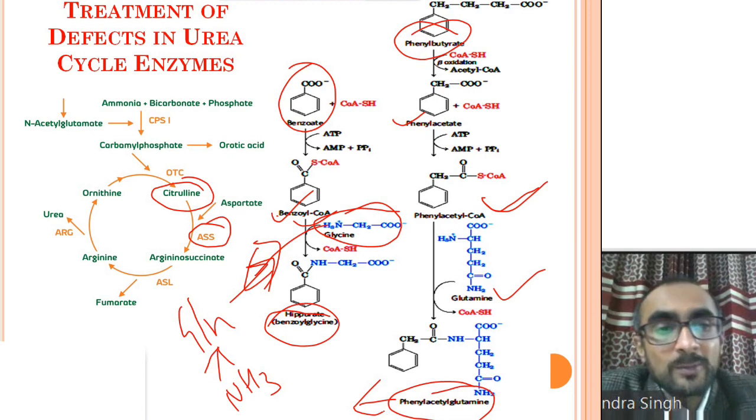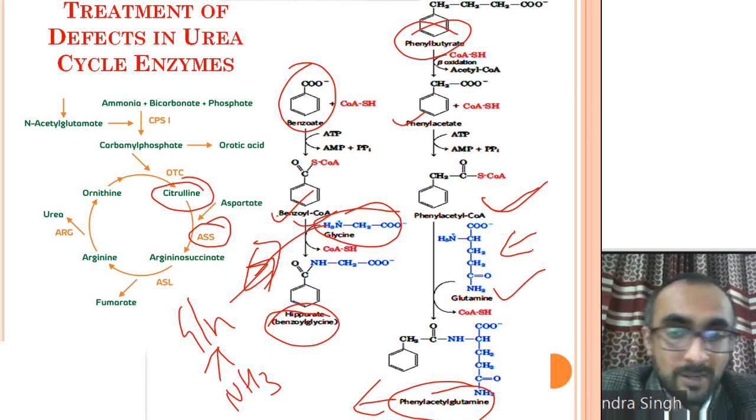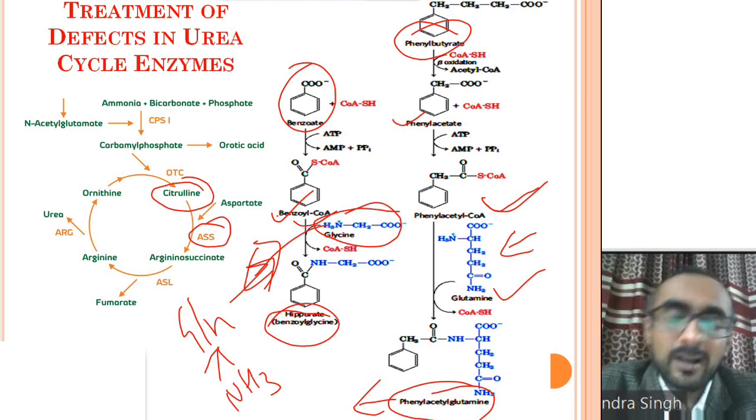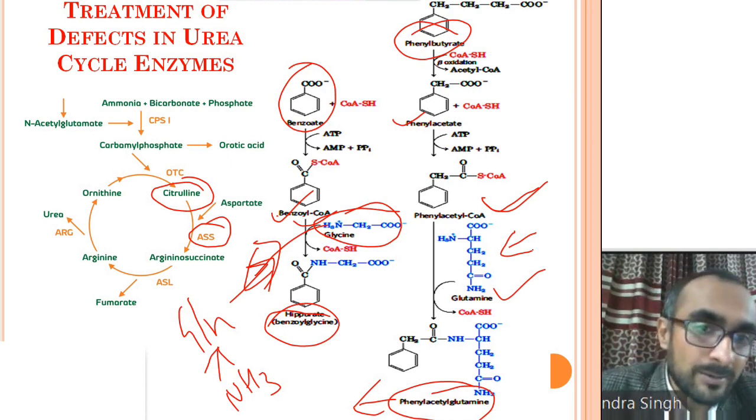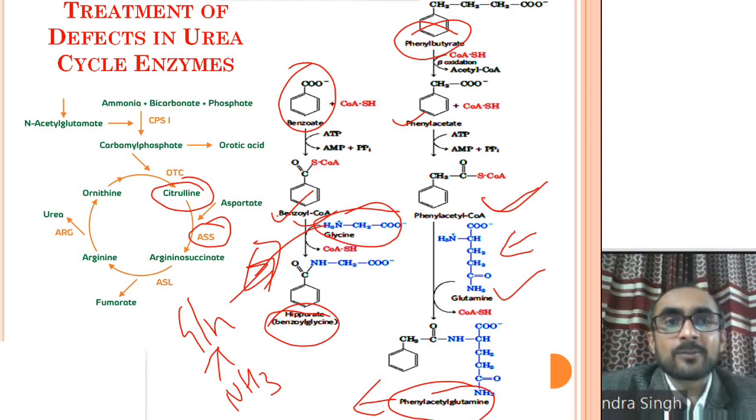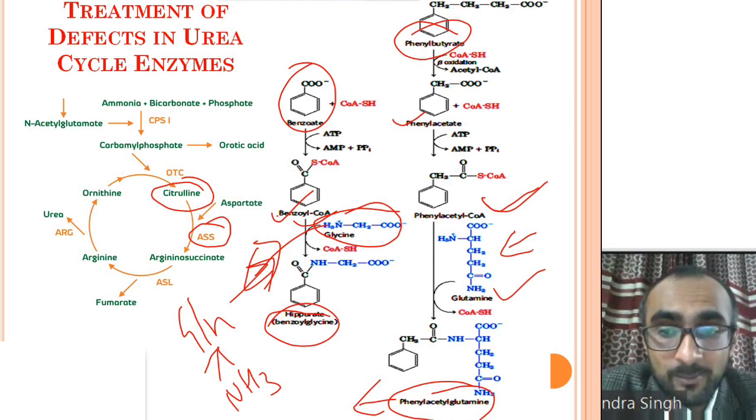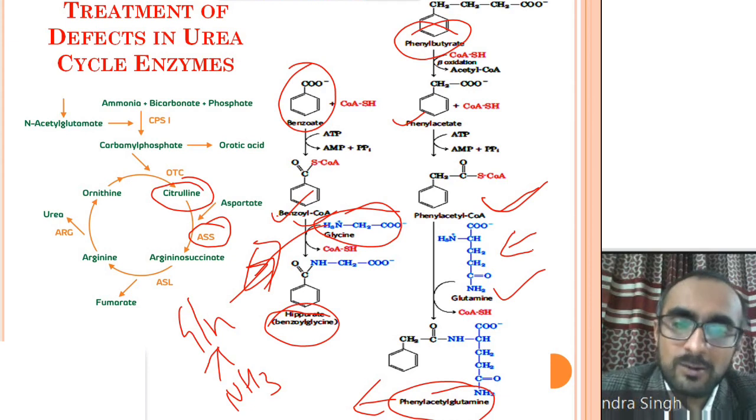So that's how glutamine concentration is controlled by these compounds. And because glutamine comes from ammonia, in turn ammonia level is maintained by phenylbutyrate and benzoate compounds, which are given to patients who have defects in the urea cycle enzymes.